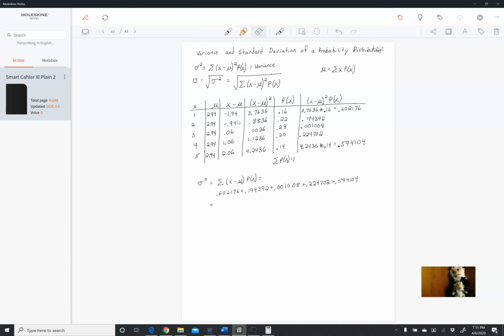And what we get as the variance is 1.6164. This is our variance. And our standard deviation is just the square root of this. The square root of 1.6164 is 1.3.